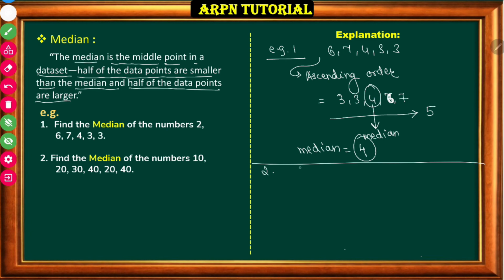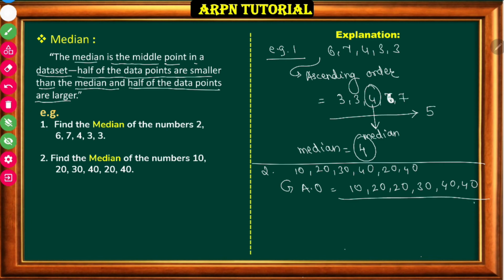Example number 2 is 10, 20, 30, 40, 20 and 40. Simply convert it into ascending order: 10, 20, 20, 30, 40 and 40. If you can see here, we have 6 values, and if you want to find the center, you have these 2 values at the center.